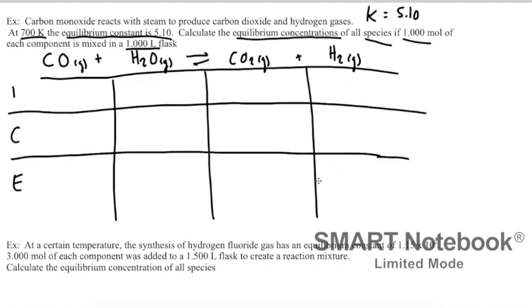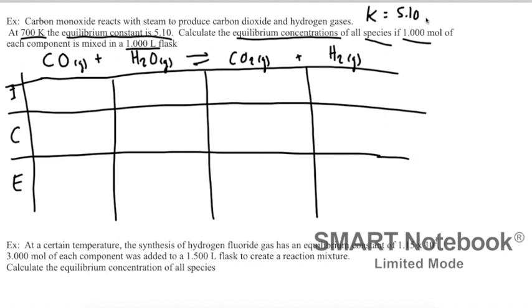Okay, and in the ICE table, remember what the I stands for? I is initial, C is change, E is equilibrium. I want to fill this in terms of concentrations. Remember, equilibrium is all about concentration.